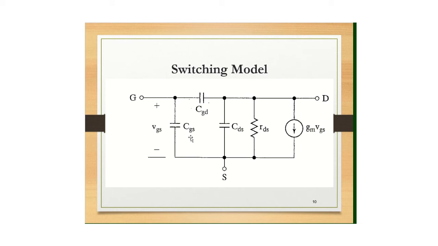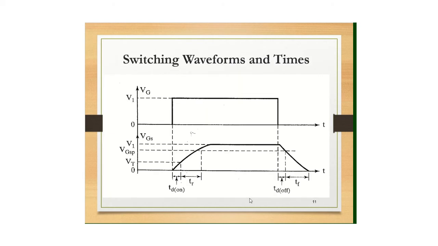Okay, so if you imagine at the input you have capacitances CGS and CGD, gate to source and gate to drain, and across drain to source a capacitance CDS, then you can understand the switching of the device.